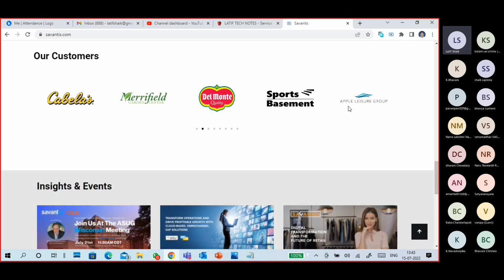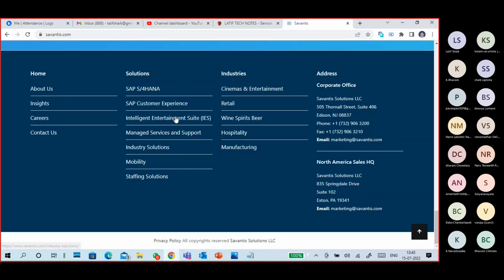So these are our customers, these are solutions. Supporting industry types: we are supporting cinemas, entertainment, retail.